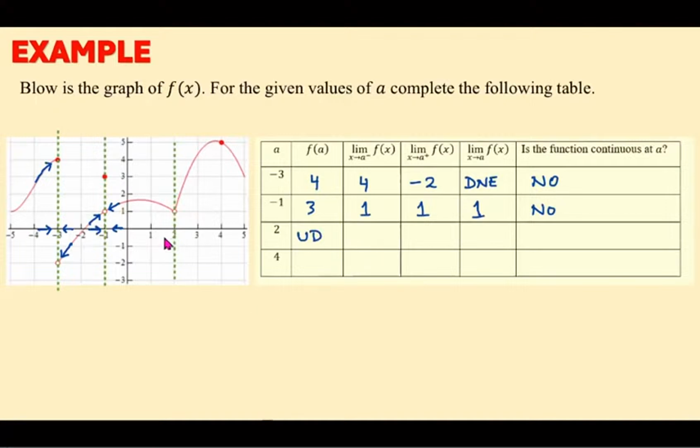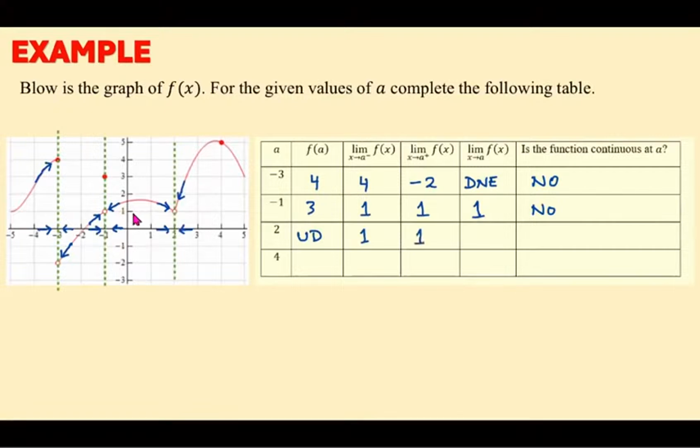But if you look at the left-hand limit, when you approach 2 from the left, the function approaches that hole whose value is 1. And also the right-hand limit, when you get closer and closer to 2, the function approaches that hole again, whose corresponding value is 1. So the right-hand limit is also 1.